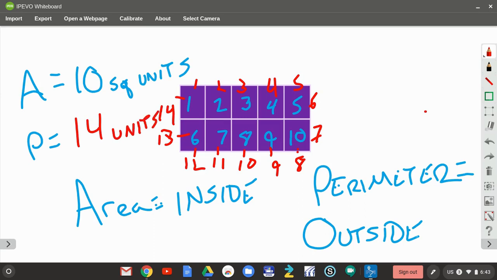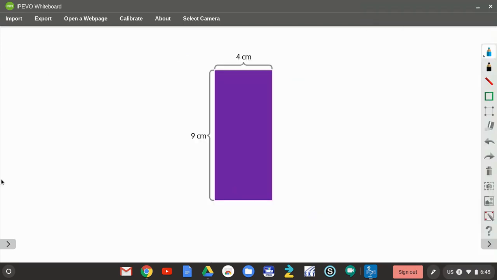So just understand the difference: area is the inside and the perimeter is the distance around the outside. With a rectangle where it's not marked off for us, we can't see the insides of it, and so we can't just count them. In that case, for area and perimeter, we need to use a math formula.